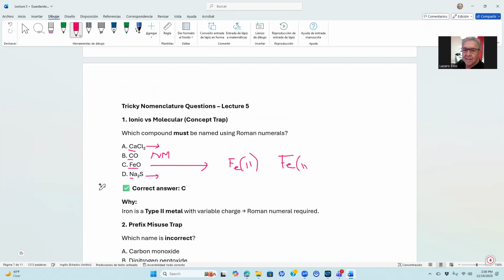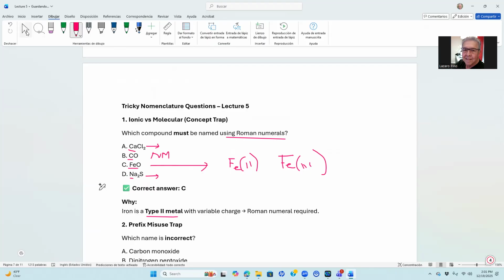So this is the compound where you have to use Roman numerals to name it, because it's a type 2 metal.